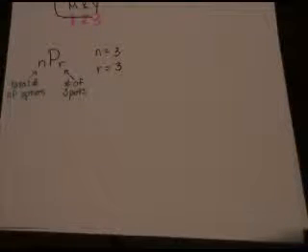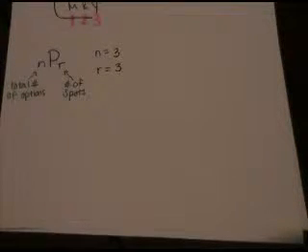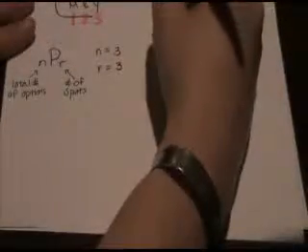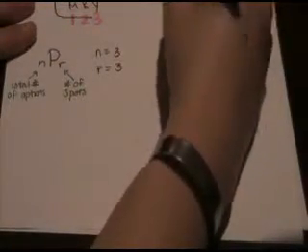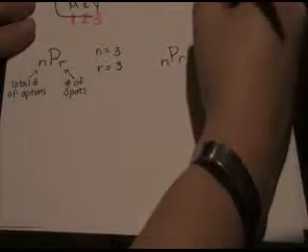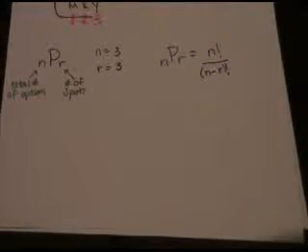Okay, so here comes the big bad formula. N P R equals N factorial over N minus R factorial. Just a subtle difference.